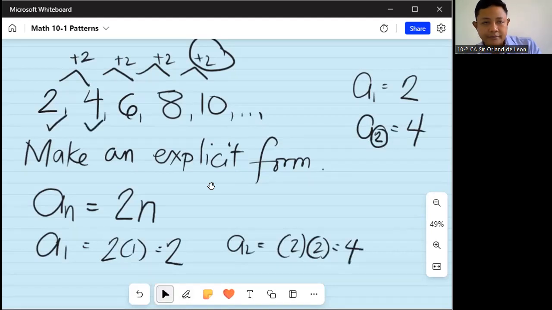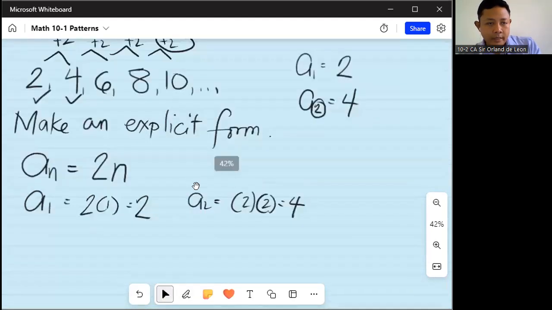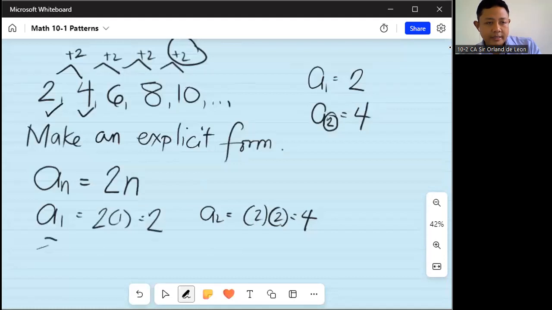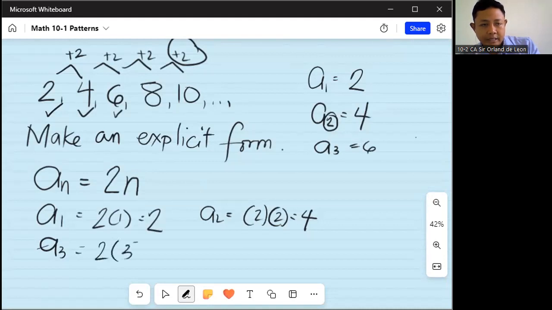Another try. If we have here A sub 3, we're looking for the third term, which is 6. A sub 3 should be 6. So if we substitute 3, that becomes 2 times 3, that is 6, correct?